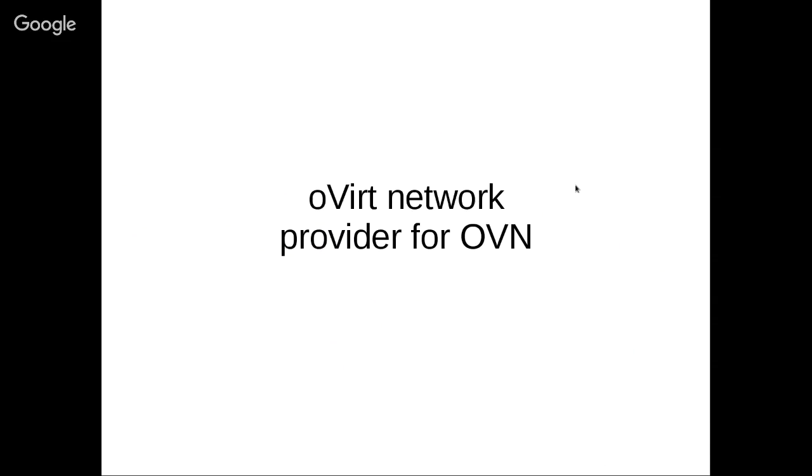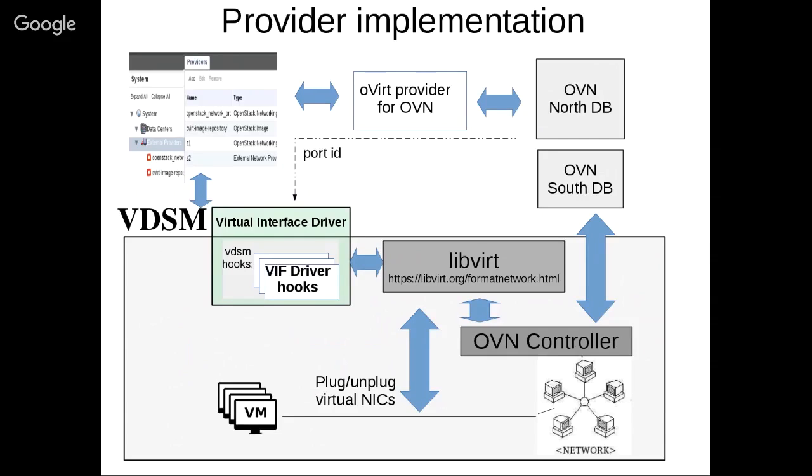Now that we know how OVN works and how external providers work, we can combine the two and talk about the oVirt network provider for OVN. The oVirt network provider for OVN is an implementation of the external provider, so it works just as was described a minute ago for the external network providers.